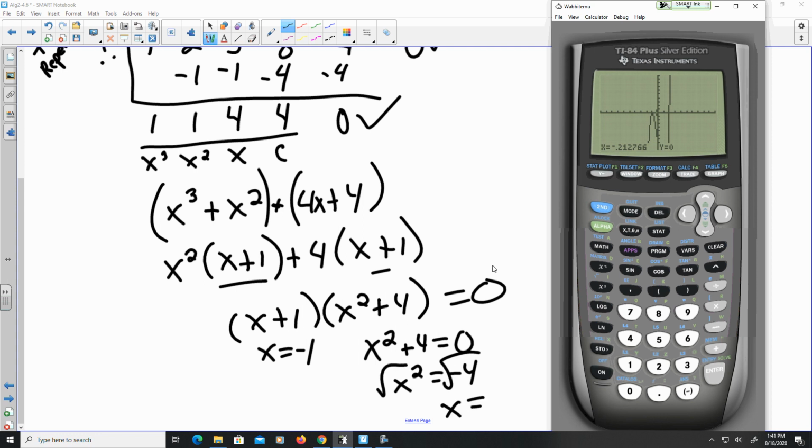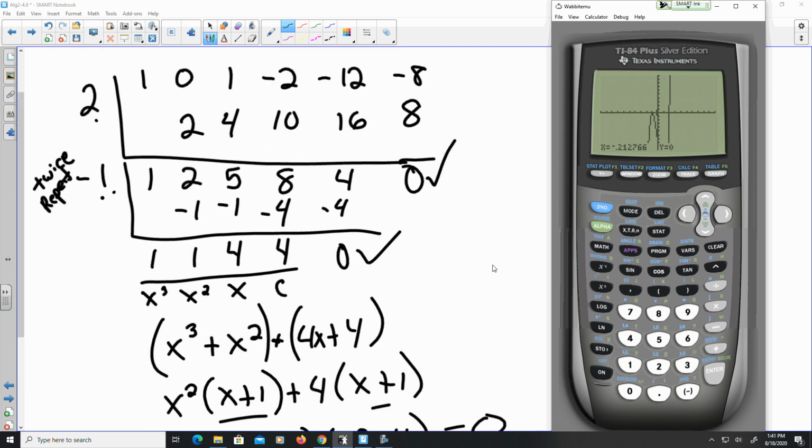Now this is where my complex number is, and x is going to be both positive and negative 2i, which was kind of what the example we did on the first page. So I have 1, 2, 3, 4 with the repeated negative 1, and then 5.